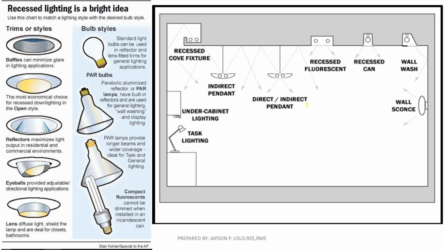Well, the direct pendant is on the direct area. Then recessed fluorescent, recessed can, and wall wash. Wall wash is applicable for ceiling while wall sconce is applicable for the adjacent wall.